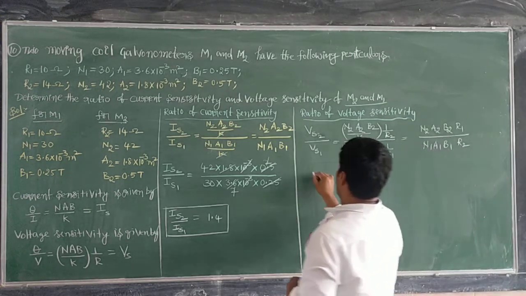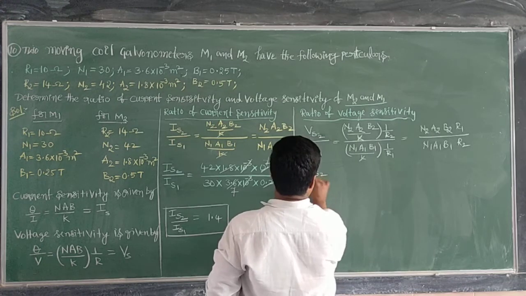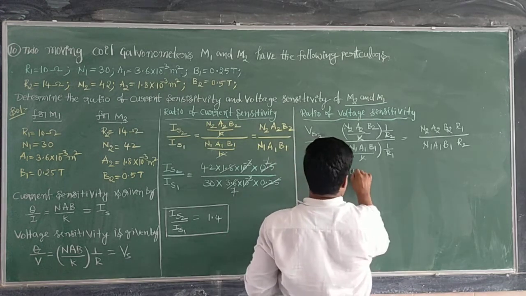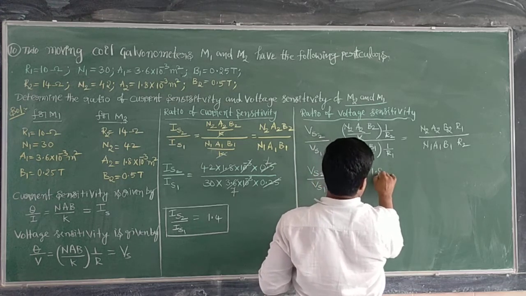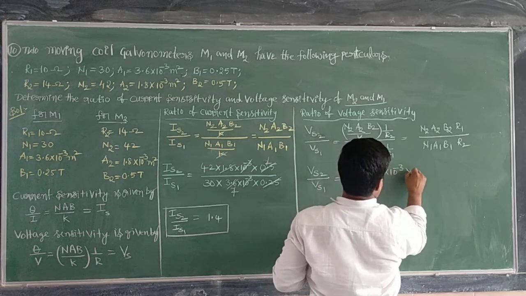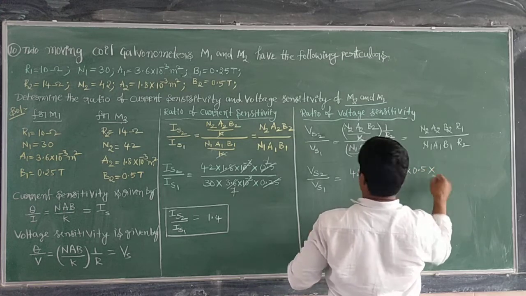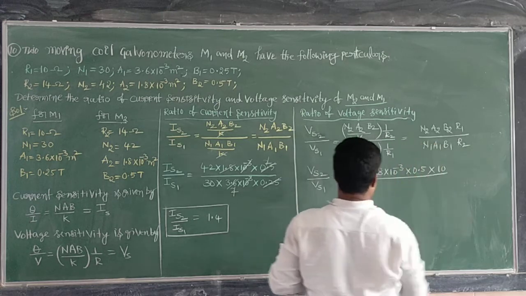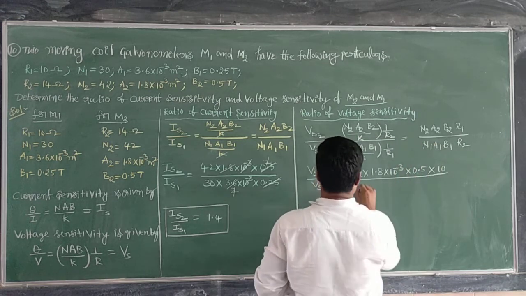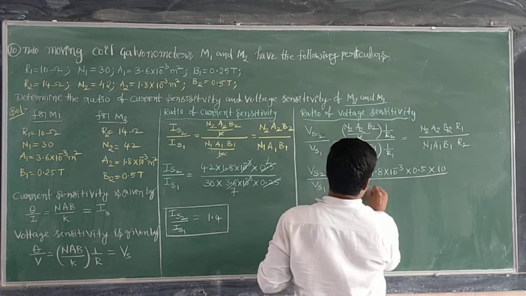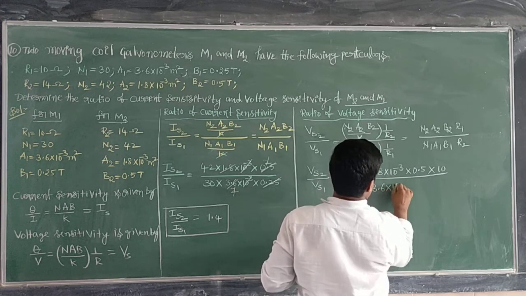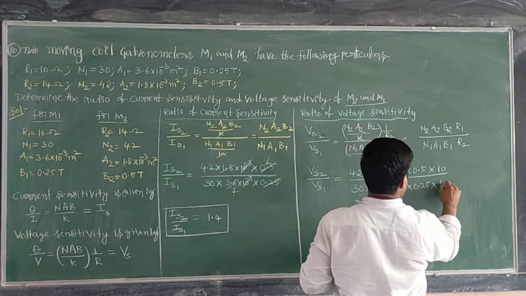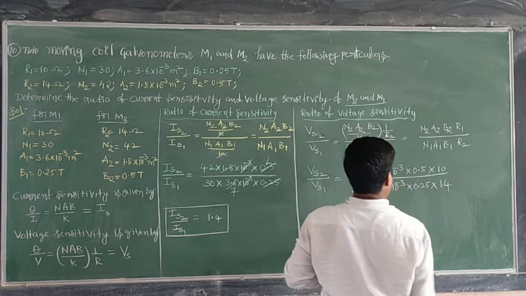From this, the voltage sensitivity of the second coil to the first coil, substituting the values once again: 42, 1.8 into 10 power minus 3, into 0.5, into the radius of the first coil, 10, divided by 30, 3.6 into 10 power minus 3, into 0.25, into 14.